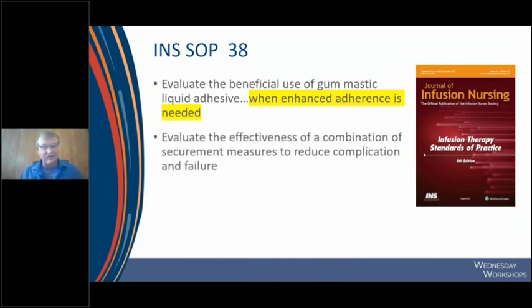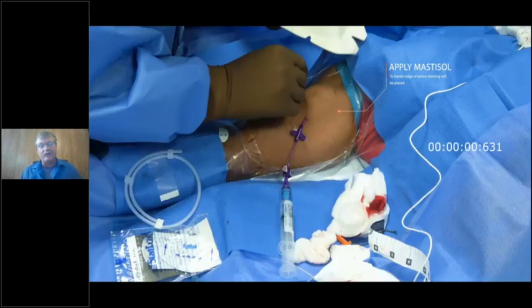The standards also say to think about combining different securement measures to help reduce complications. Very few people are actually tracking their dislodgements or migrations, and definitely not their dressing disruption. So when you have that information, then you can actually say, yes, we need some help.